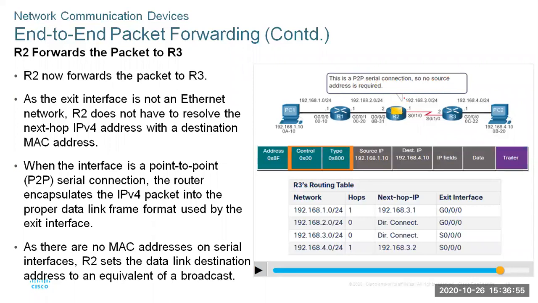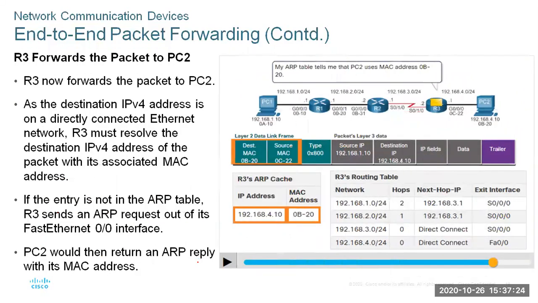When the interface is a point-to-point serial connection, the router encapsulates the IPv4 packet into the proper data link frame format used by the exit interface. As there are no MAC addresses on serial interfaces, R2 sets the data link destination address to the equivalent of a broadcast address.